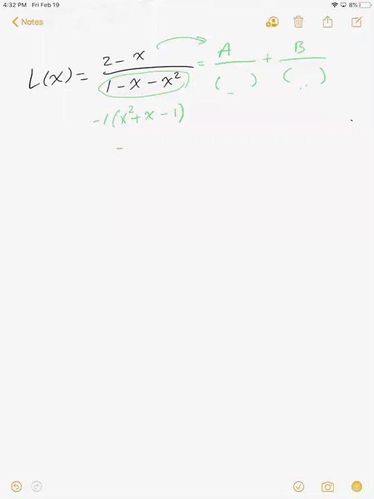It's -1 plus or minus the square root of b squared, which is 1, minus 4 times a, which is 1, times -1, that is our c here, divided by 2. So I get -1 plus or minus, negative times negative is positive, 1 and 4 is 5, the square root of 5, divided by 2.